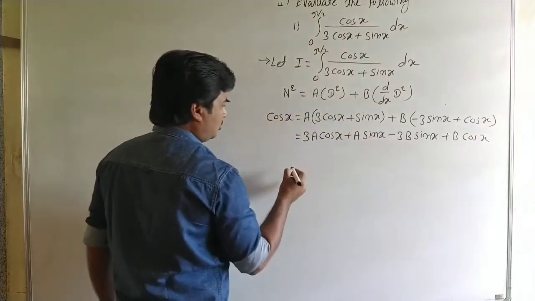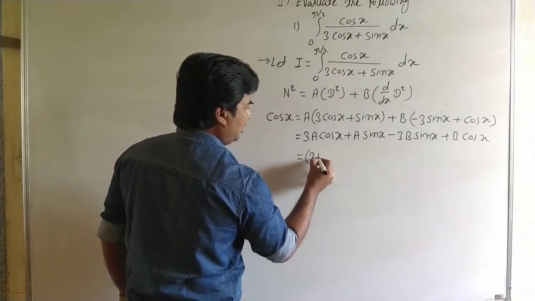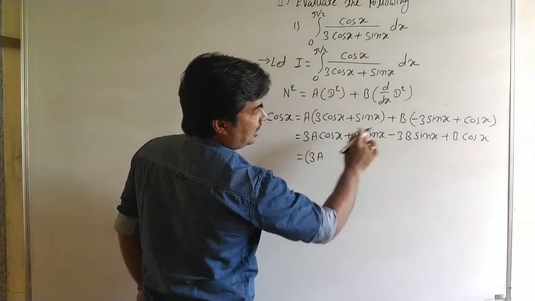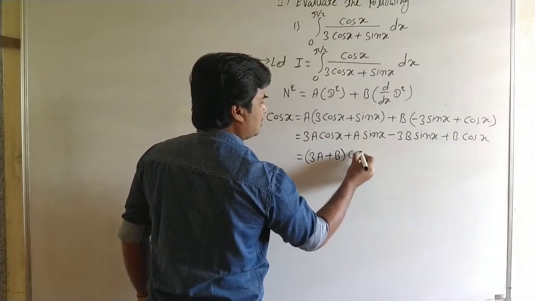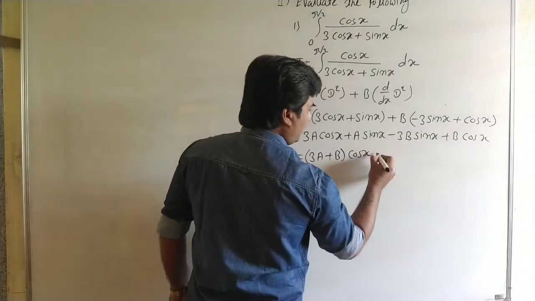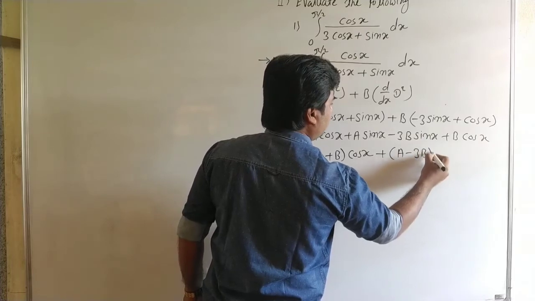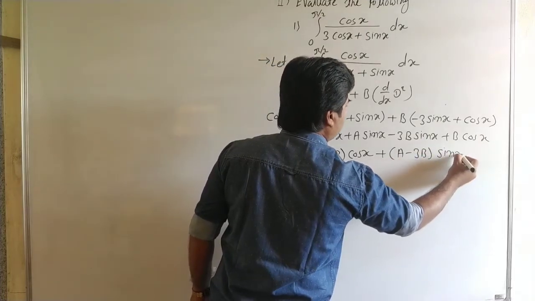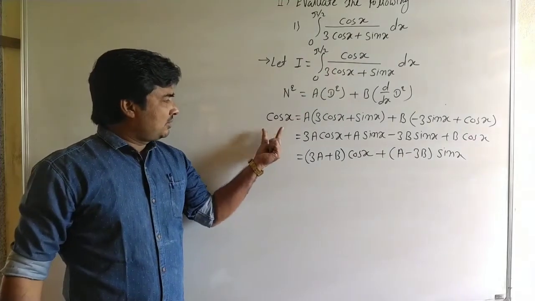Now collect the terms of sin x and cos x. The cos x terms are 3a cos x plus b cos x, and the middle two terms are a minus 3b, times sin x. Take sin x common. Now the LHS is cos x.